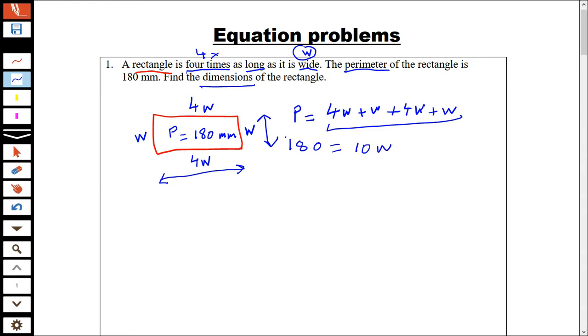So now I've got a nice equation. Here it is. I'm going to use this equation now to find the dimensions of the rectangle.